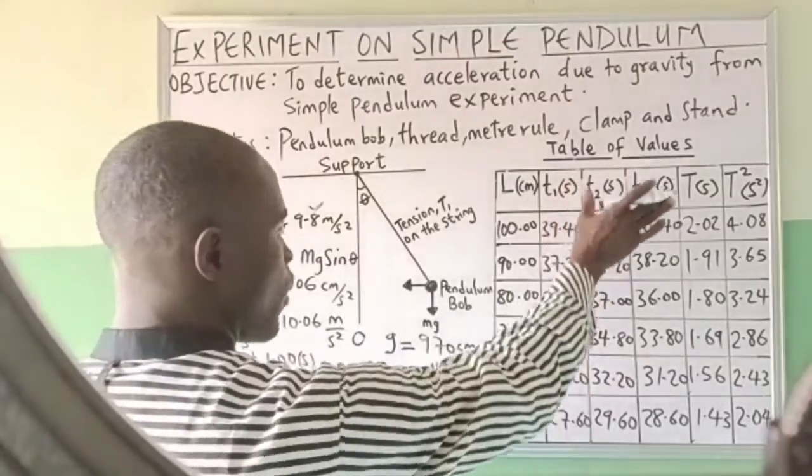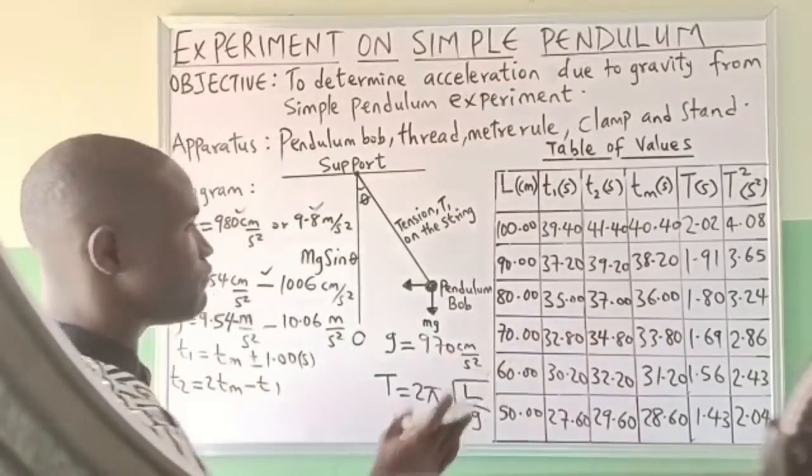Okay, so we have succeeded to get our table of values for this experiment.